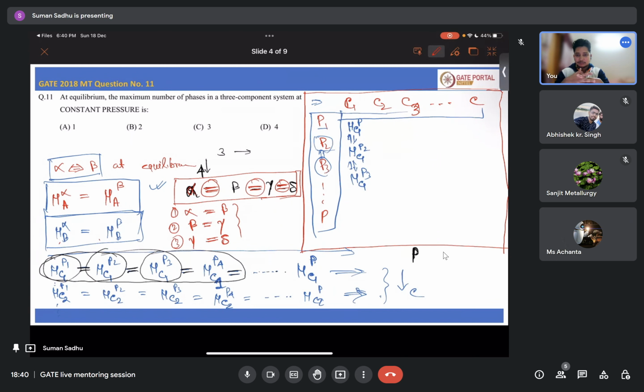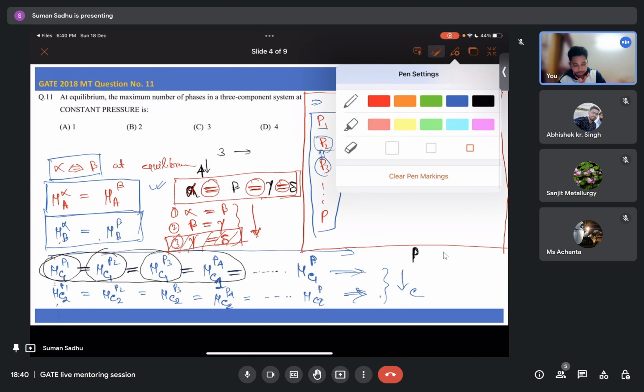Okay, sir. Like in this case, let's say if we remove any one of these, let's say I remove this one, gamma is in equilibrium with delta, then can you say alpha is also in equilibrium with delta? No, right? No, sir. So if you remove any of these three, you cannot say that all the phases are at equilibrium. But if you mention all three equilibria, you can say that all the phases are at equilibrium, right?